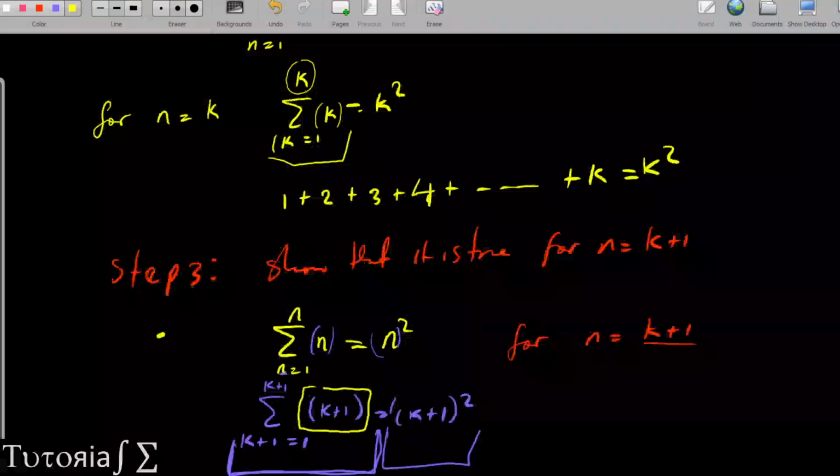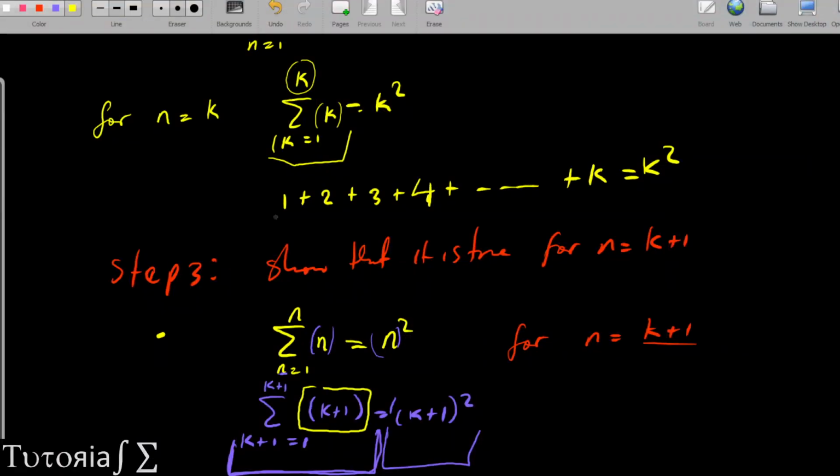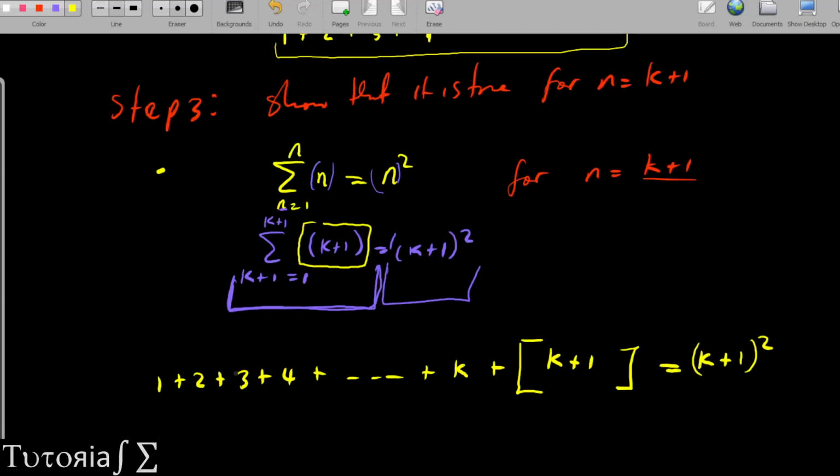So for step 3, you first get the expansion for n equals k and write it here. Then to get n equals k plus 1, you take the expansion you had put here and write the sequence there, and you have what you have on the left side.